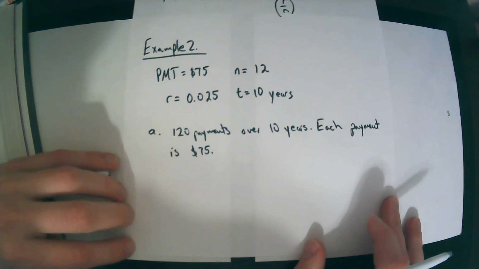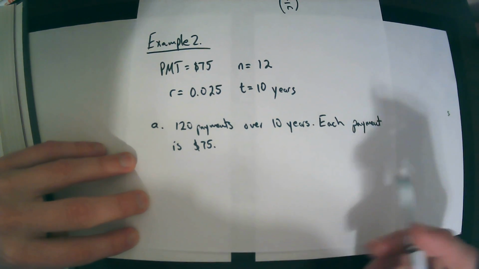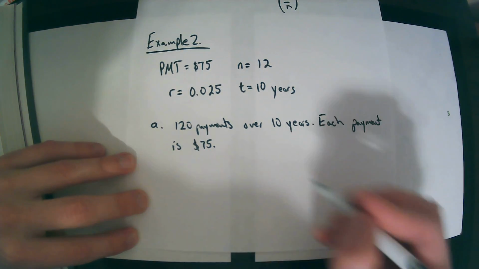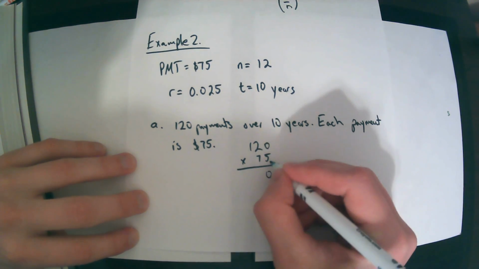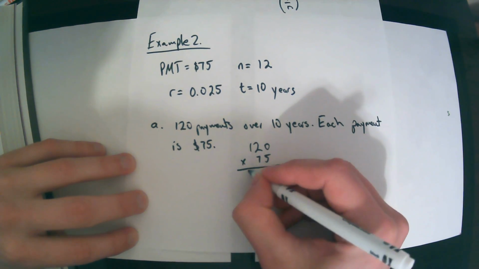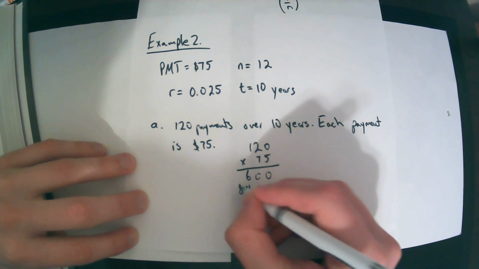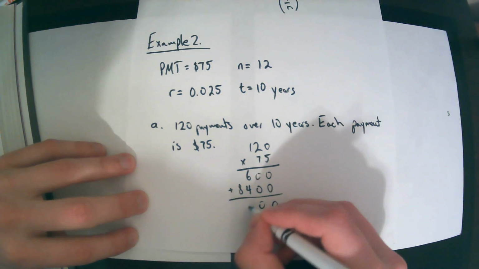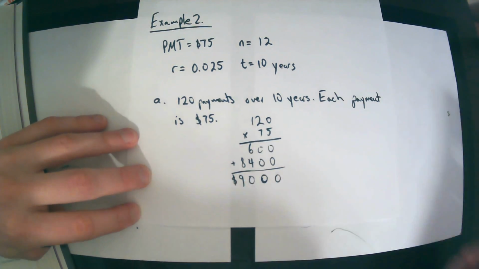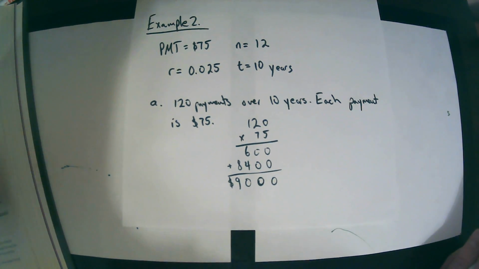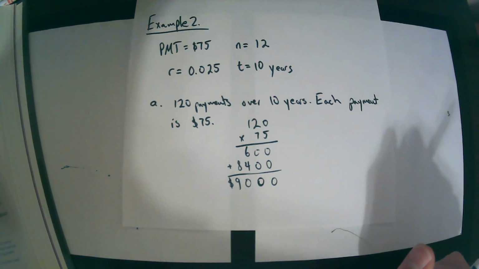If each payment is $75 and he's making 120 payments over 10 years, then how much will he personally be putting into the account over 10 years? We'll take the product of these. Getting $9,000. That's not how much will be in the account after 10 years. That's how much money he's putting in over the course of 10 years.